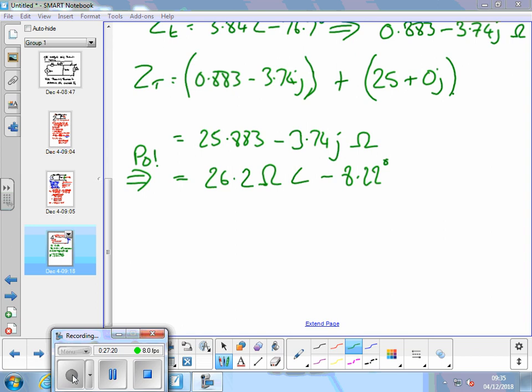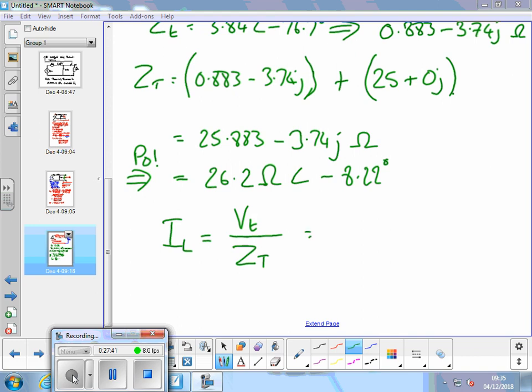So we've got the polar, and we can now find I_L because it is equal to V Thevenin's divided by the capital V_T version of Z total.